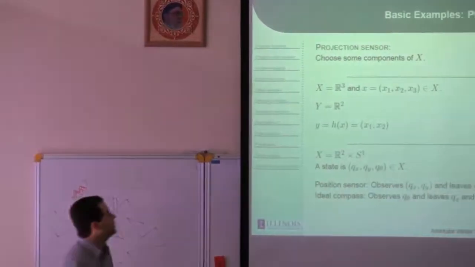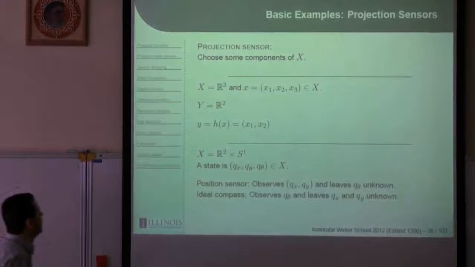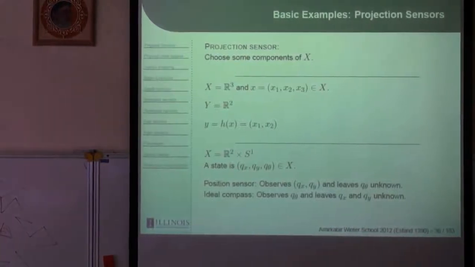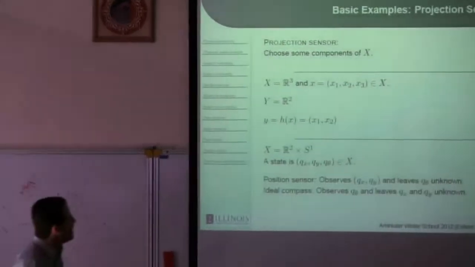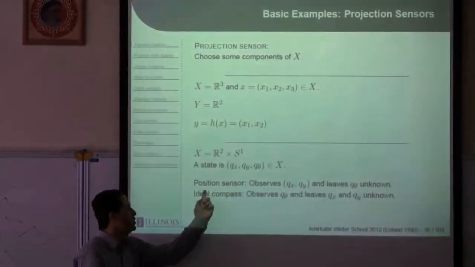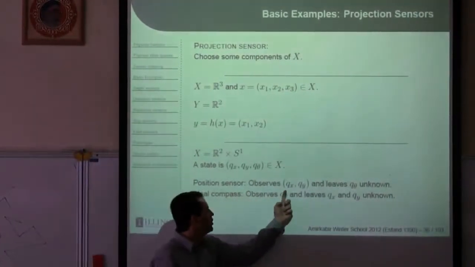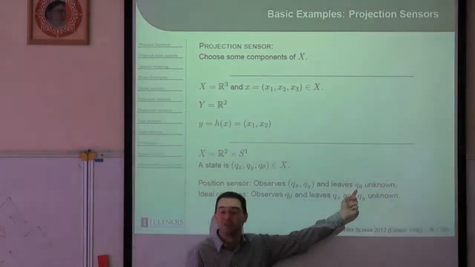All right, so basic examples. I'm now starting into more interesting kinds of examples. Oh no, this is still a boring one. This one could say maybe the sensor just observes some components. For example, maybe I have a position sensor. The position sensor observes the position, but it does not tell you the orientation.